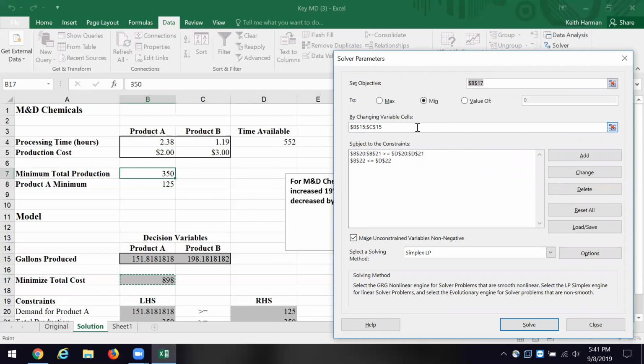That is the gallons produced. And then I've got my constraints, B20 to B21, equal to or greater than D20 to D21, and then we have that constraint, that Boolean operator that's going just the opposite direction here, B22 has got to be less than or equal to D22. Well, let's run the solver.